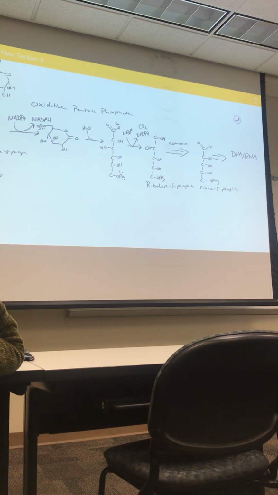But in order to do this, we need to send 3 through. Okay? So let me do my stoichiometry here, and we'll look at the non-oxidative pathway. So if we put 3 of these in, we get 3 of these out, and we're just going to put that at each step.